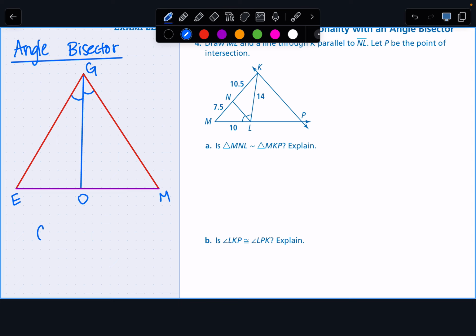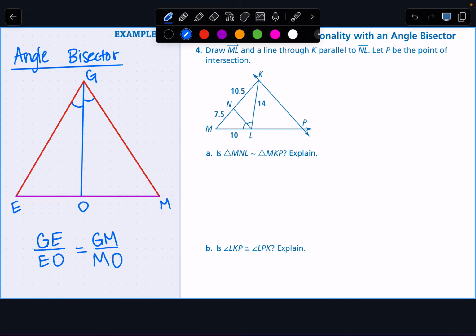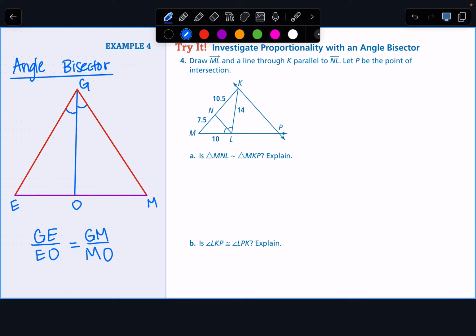GE over EO is the same ratio as GM over MO. Let me show you. Can everybody look up here?